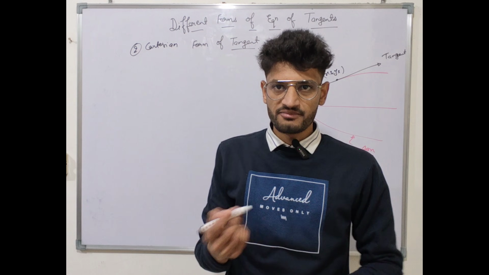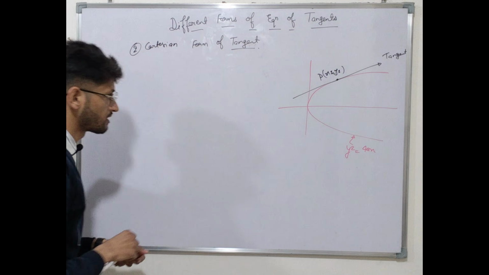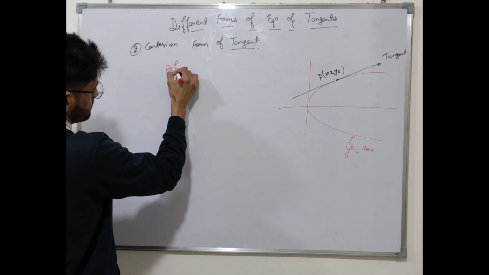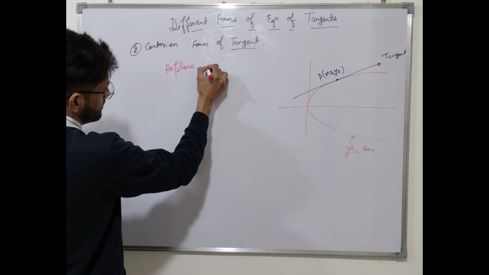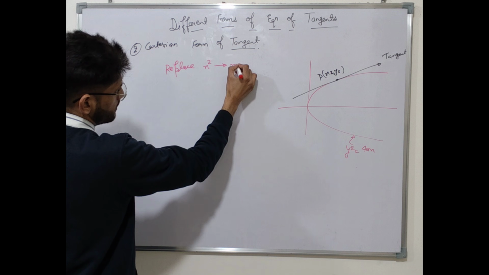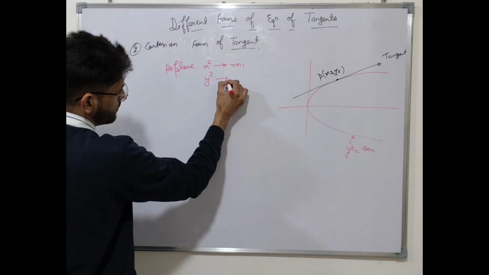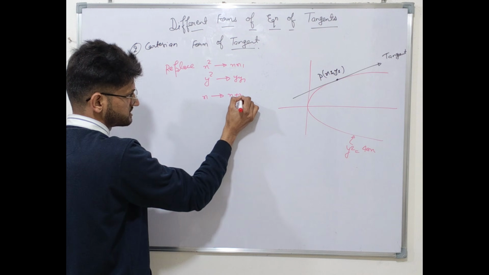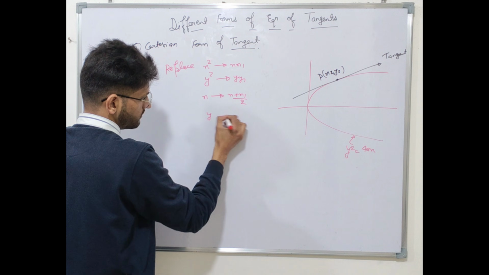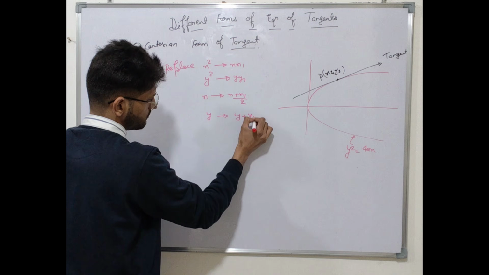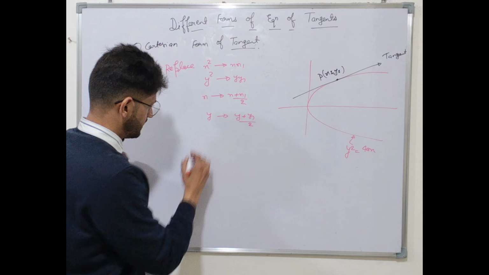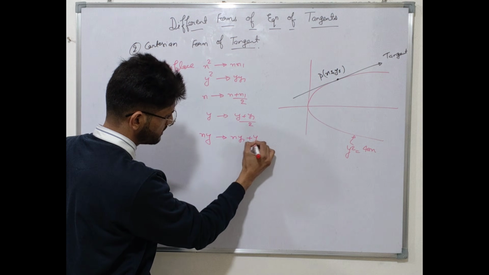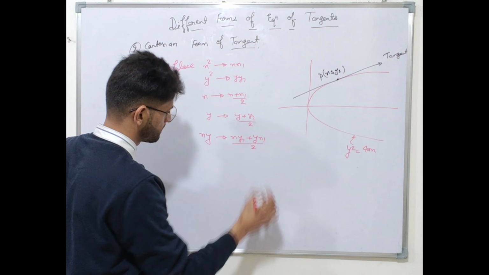So what we have to do in this case: replace x square with xx1, y square with yy1, x with x plus x1 upon 2, and y with y plus y1 upon 2. And apart from this, we can replace xy with xy1 plus yx1 divided by 2, right?